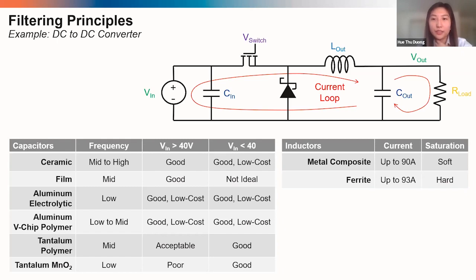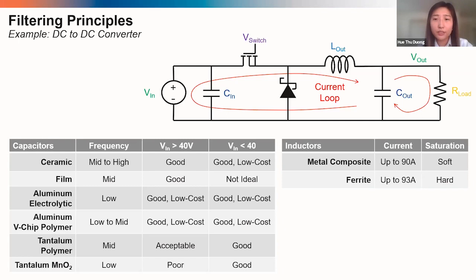And here, sometimes we'll say polymer just to indicate tantalum polymer. Tantalum polymers will have a limited voltage range available, but they're pretty good for anything below 40 volts.